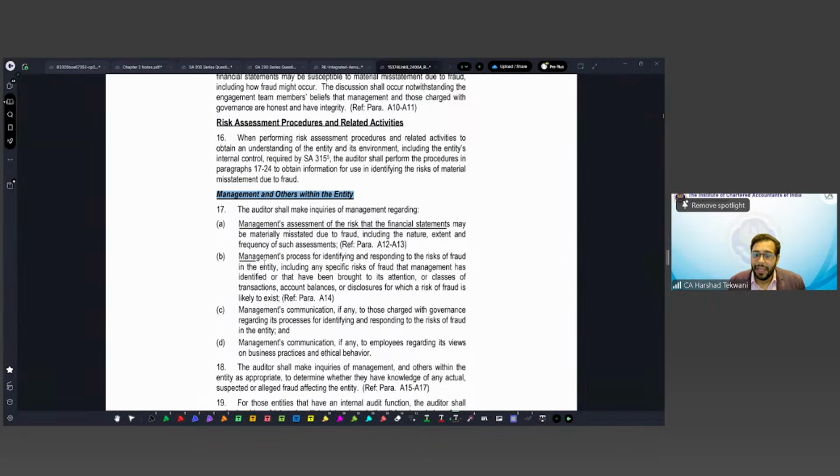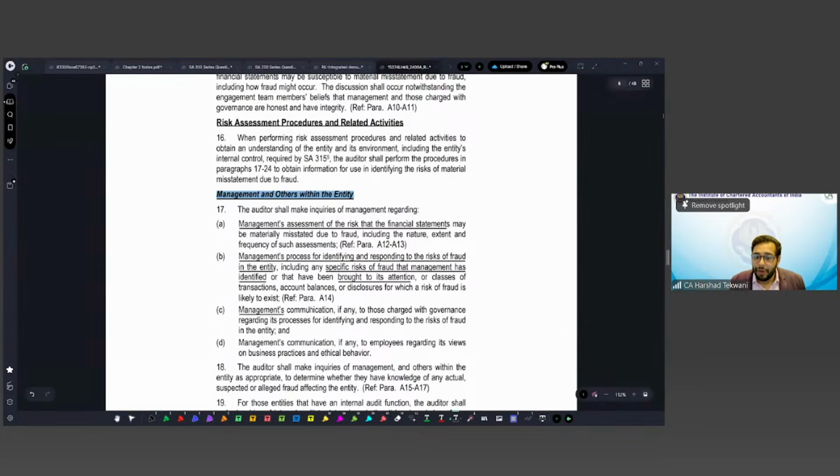How management is making sure that there is no fraud, what they are doing, internal controls, policies, what is the scenario, including any specific risk of fraud that management has identified, or brought to its attention. So anything management thinks the fraud is there, or they are aware about any fraud kind of thing.